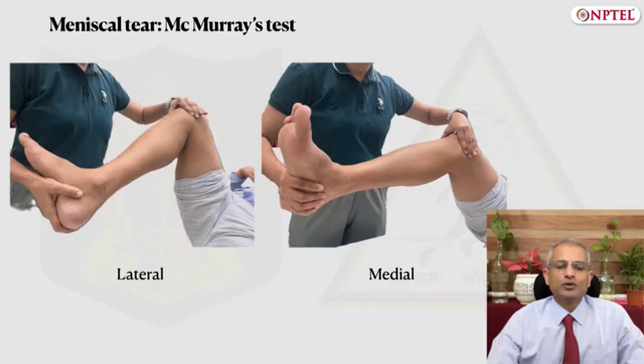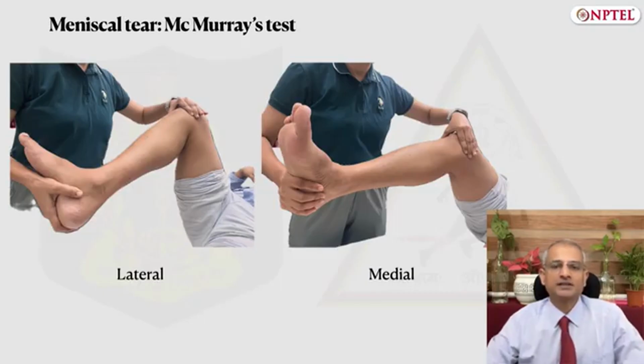Then we come to the McMurray's test, where flexion and extension of the knee is done while the tibia is either internally or externally rotated, and a varus valgus strain on the knee is given. A painful click indicates a tear, and when the click is appreciated in a flexed position, it generally indicates a posterior horn tear.